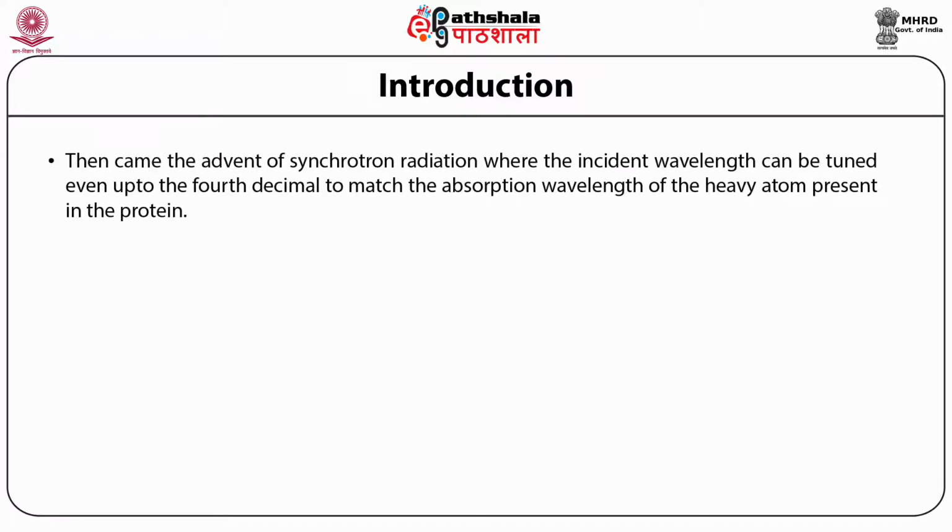Then came the advent of synchrotron radiation, where the incident wavelength can be tuned even up to the fourth decimal to match the absorption wavelength of the heavy atom present in the protein.